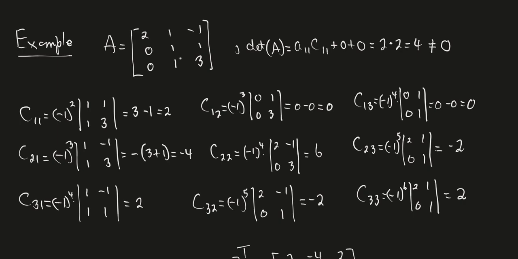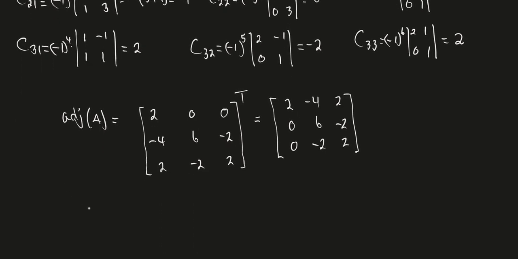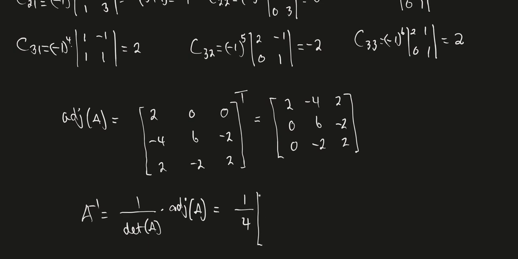So we have a determinant of 4. The matrix has an inverse. Well, what is the inverse? And this is where we can use the adjoint. It turns out that the inverse of my matrix, let me write down the formula, is 1 over the determinant of the matrix times its adjoint. We just found that its determinant is 4, so this is 1/4 times the adjoint, which is right here: 2, -4, 2, 0, 6, -2, 0, -2, 2.